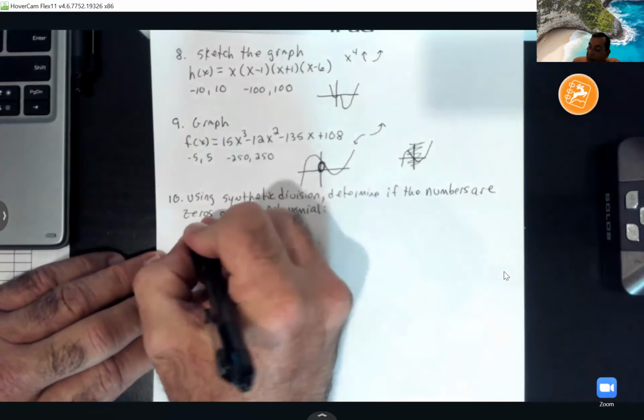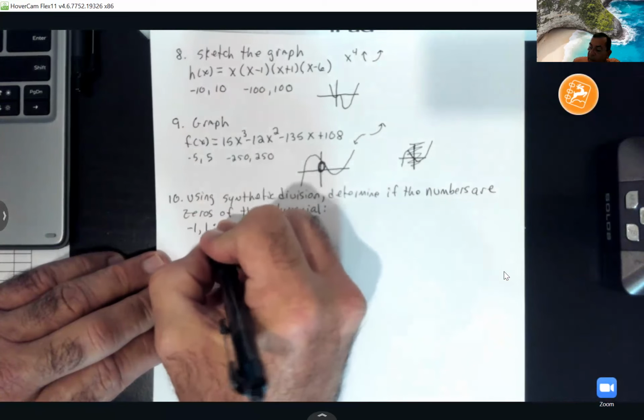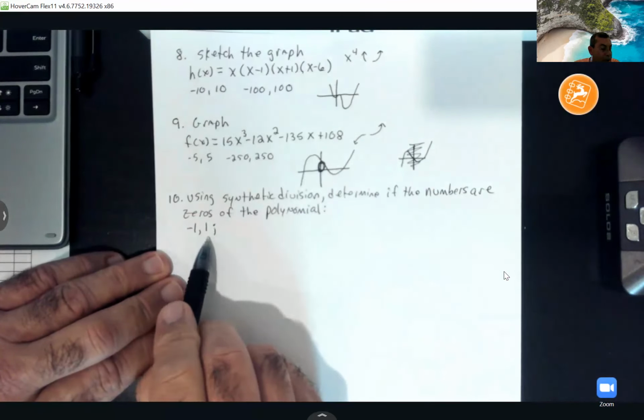All right, so they're giving me a -1, 1. So these are the two numbers we're going to check.